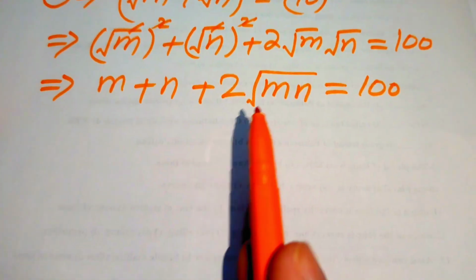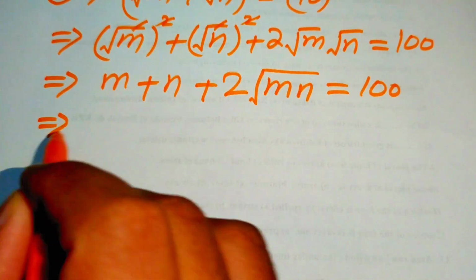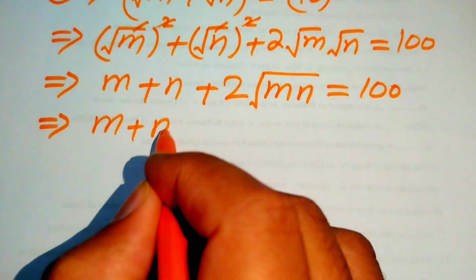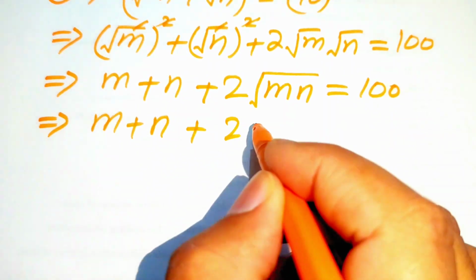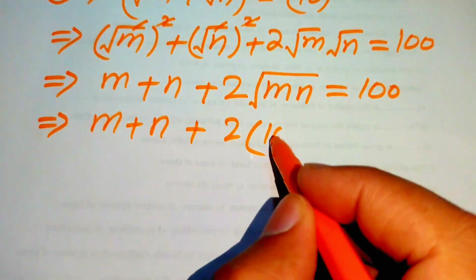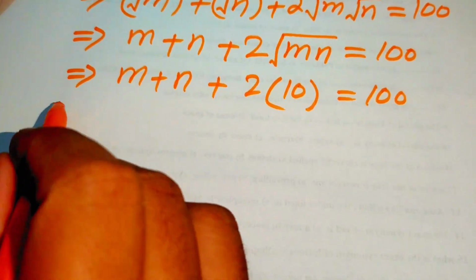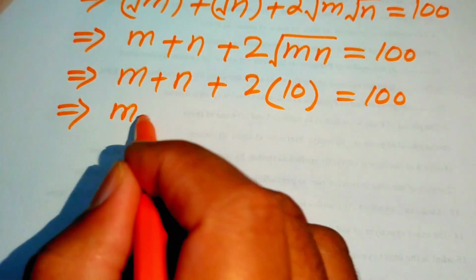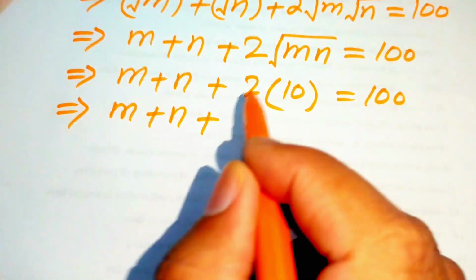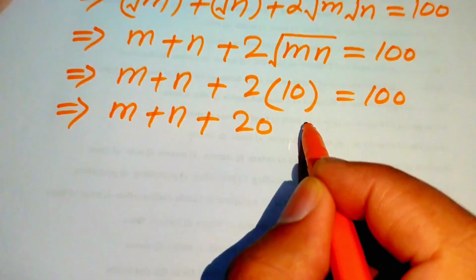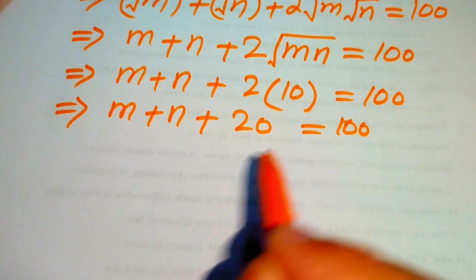So we use this value here and get m plus n plus 2 times 10 equals 100. Now we need some simplification, and we get m plus n plus 20, and this whole equals 100.